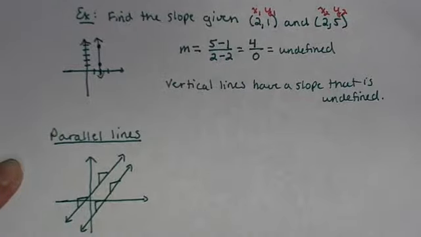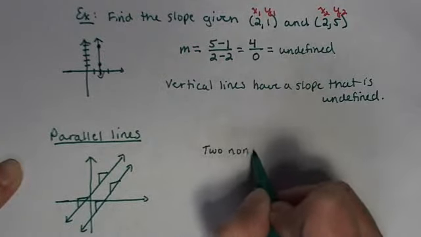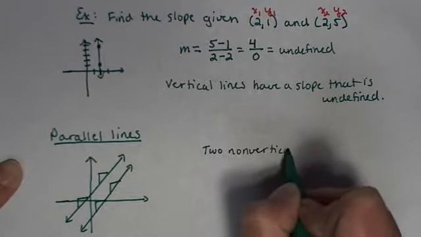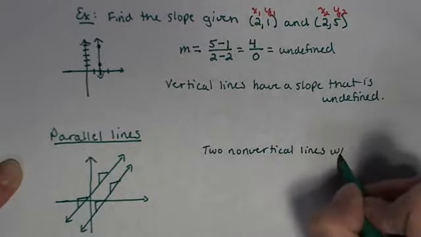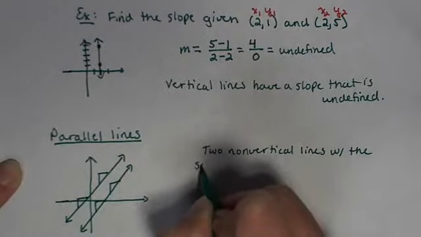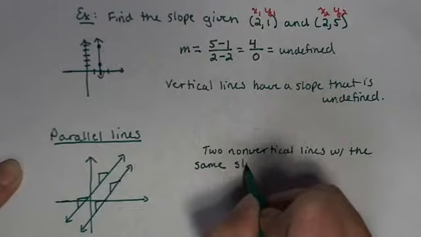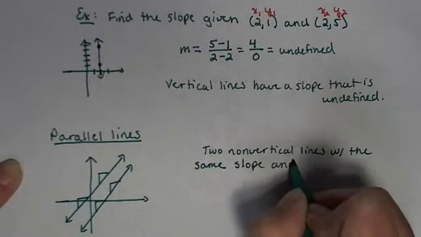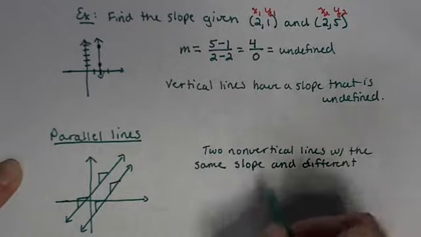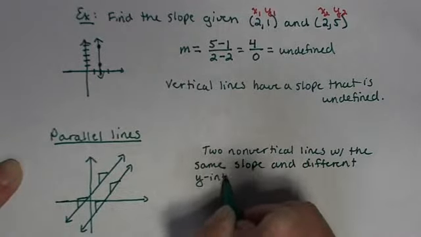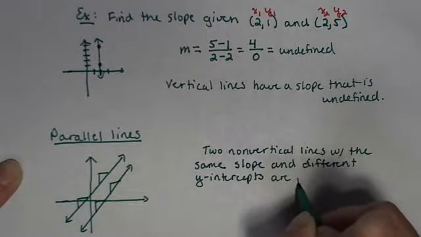So we can basically say that two non-vertical lines with the same slope and different y-intercepts are parallel.